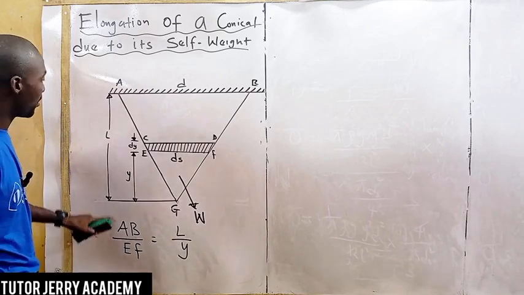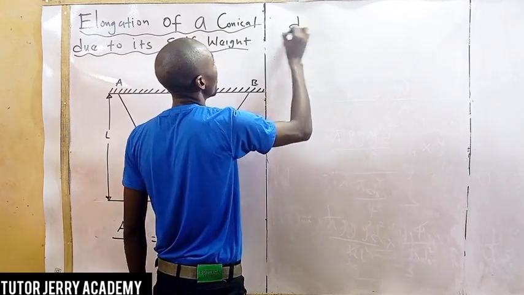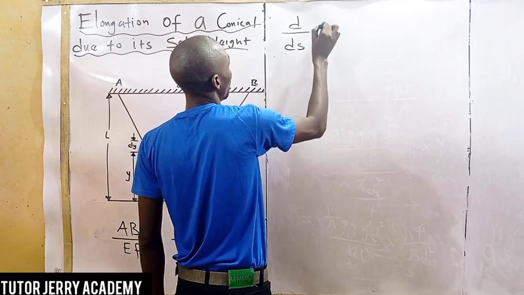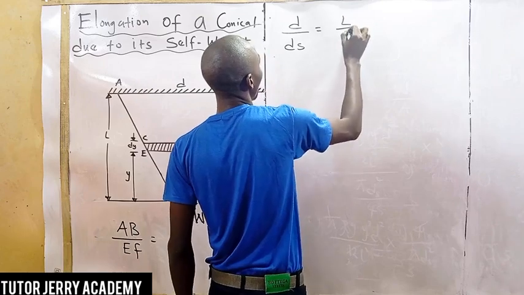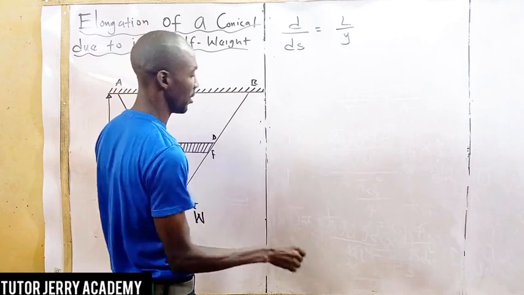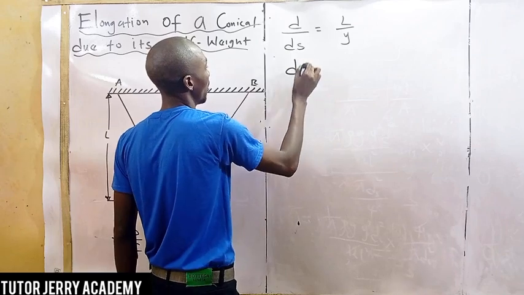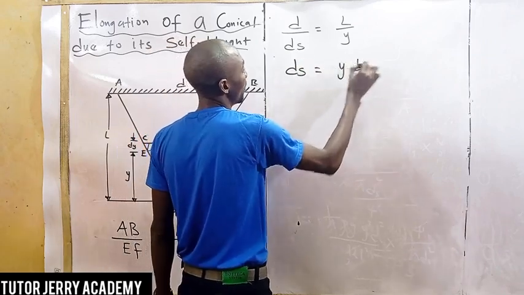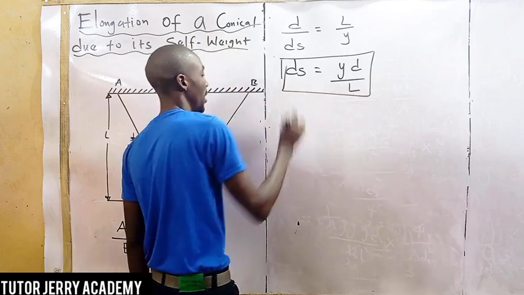We know that AB is D, so we have D over S, which equals L over y. By making S the subject, we have S equals yD over L.